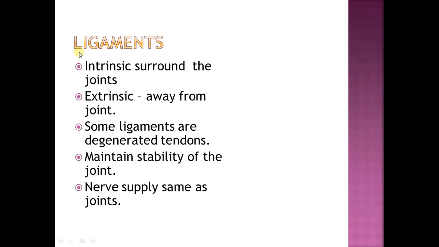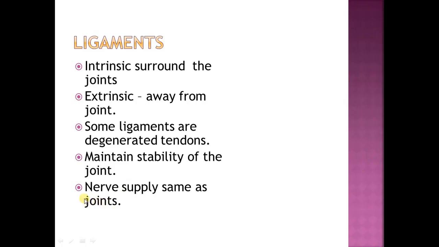So the ligaments, when they are present near the joints, are called intrinsic. When they are away from the joint, they are called extrinsic. Some ligaments are tendons which have degenerated slowly and they form a ligament. To some extent, they maintain stability to the joint and they have the same nerve supply as the joints.